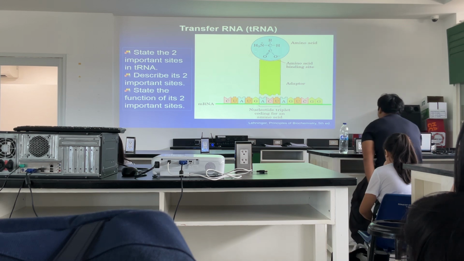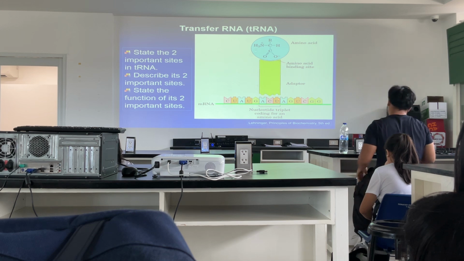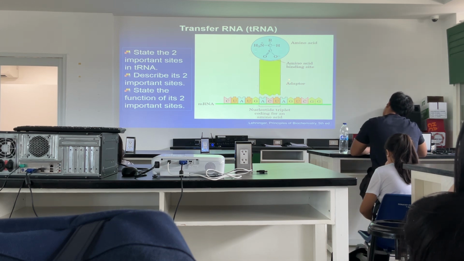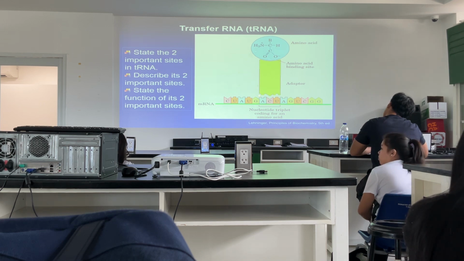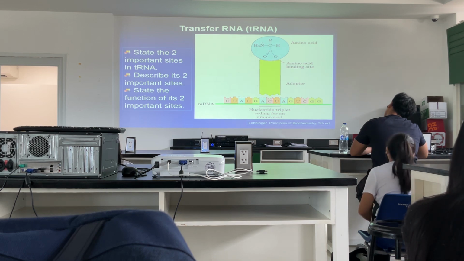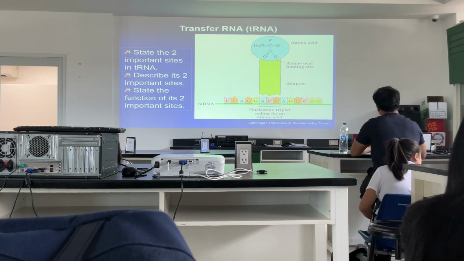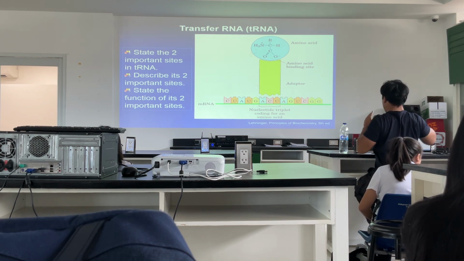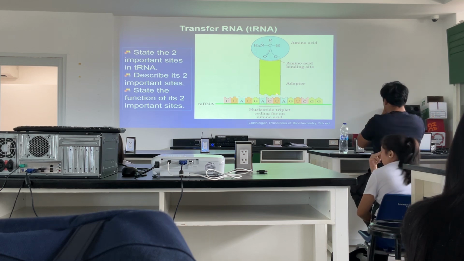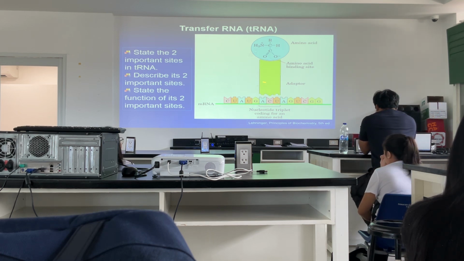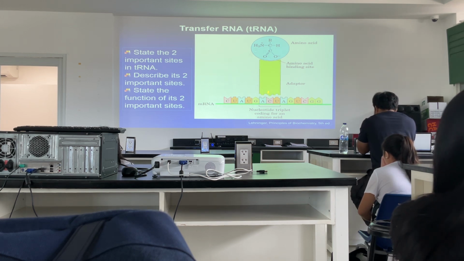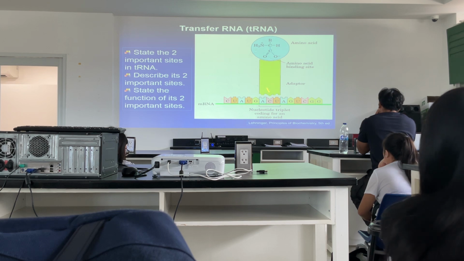Uracil. C, guanine. U, adenine. So the anticodon will be here on the tRNA, U, G, A, while the codon in the mRNA is ACU. This codon specifies what amino acid should be found in the sequence of the polynucleotide chain. So this will now be complementary to the anticodon. So that's how the tRNA will know which amino acid to carry to the site of synthesis.